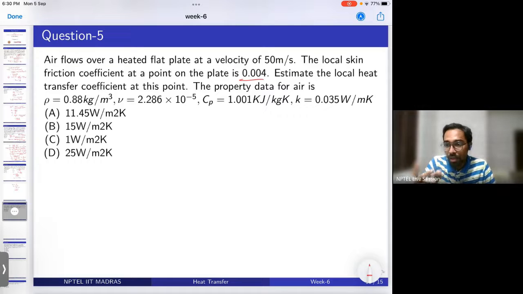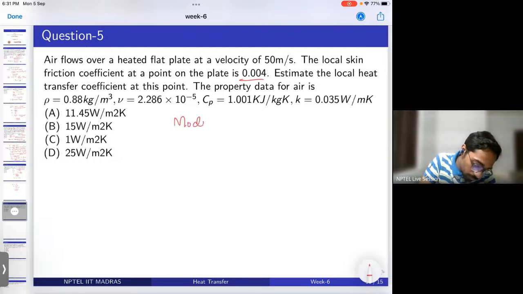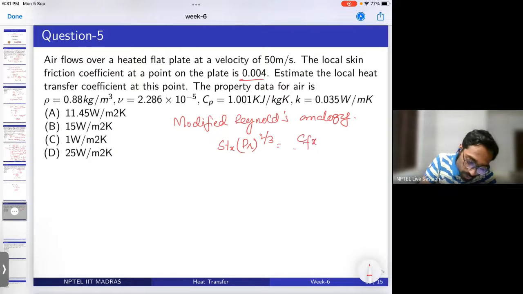But the modified Reynolds analogy is applicable to a wide range of Prandtl numbers. Here it's air, so the Prandtl number is not equal to 1, and we have to use the modified Reynolds analogy: Stanton number times Prandtl number raised to 2 by 3 is equal to Cfx by 2.